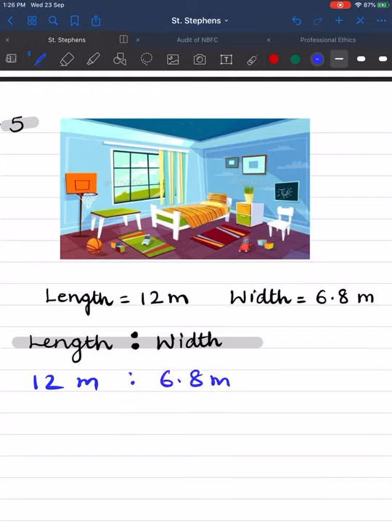Now here width is given in decimals. So we will convert meters into centimeters. And we know 1 meter is equal to 100 centimeter. So we will multiply both length and width by 100. And we get here 1200 centimeter is to 680 centimeters.